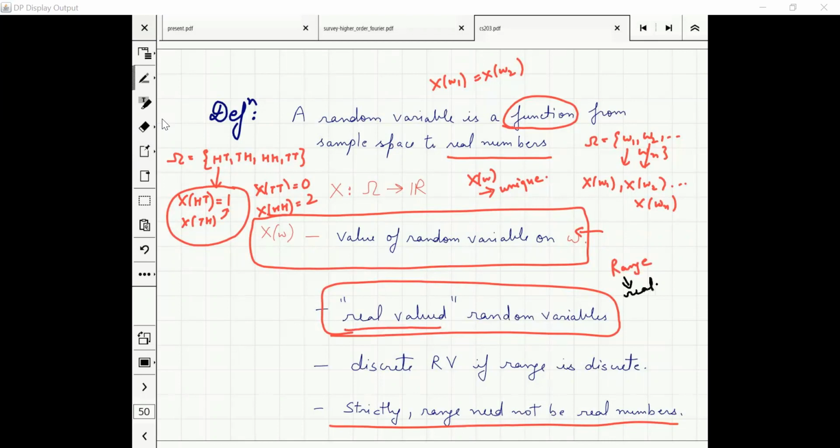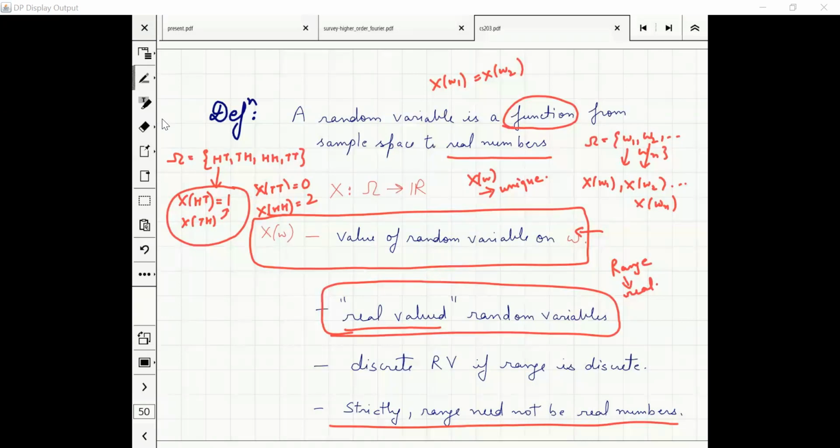Is this distinction clear? In general, the range need not be reals. It could be some other set also, but most of the time we will be interested in random variables which take a real value. This is what we are going to study in this course.